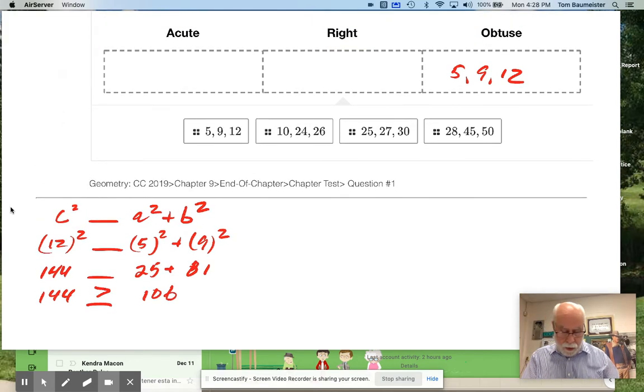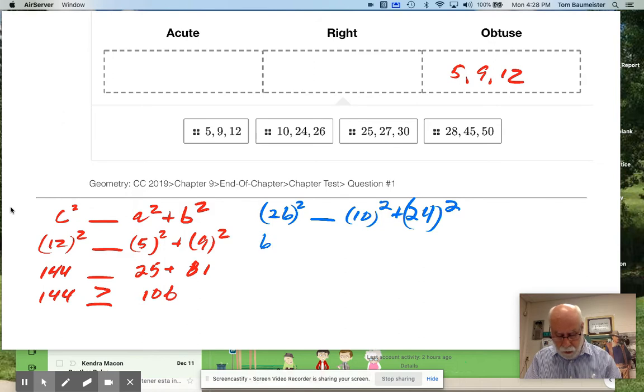Let's do the second one. Just go in order and see if they're equal, less than, or greater than. On this one, I'll have 26 squared, and then 10 squared plus 24 squared. 26 squared is equal to 676. 10 squared is 100, and 24 squared is 576.